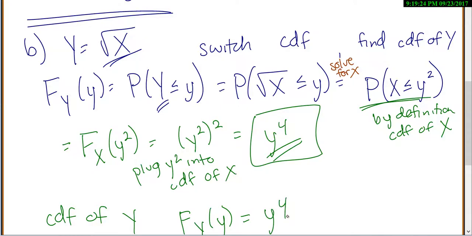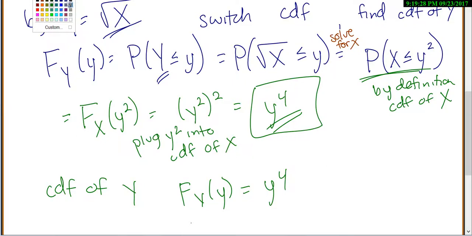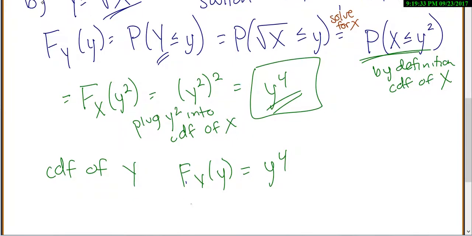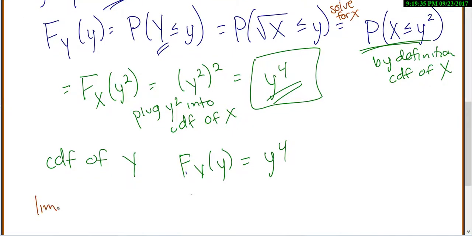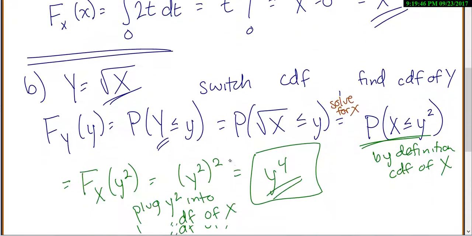Now you do need to also check your limits, because your limits might change. So you'll say, if x equals 0, because our limits are x goes from 0 to 1, we set that up above.